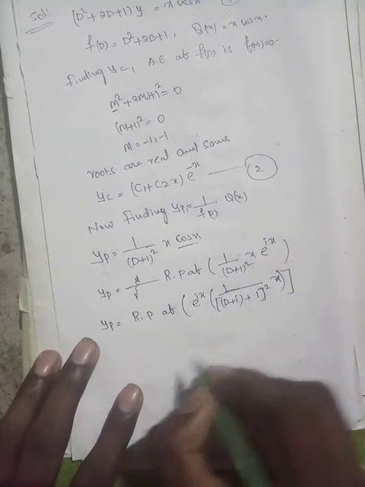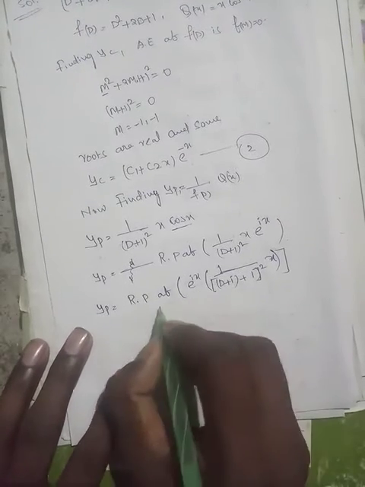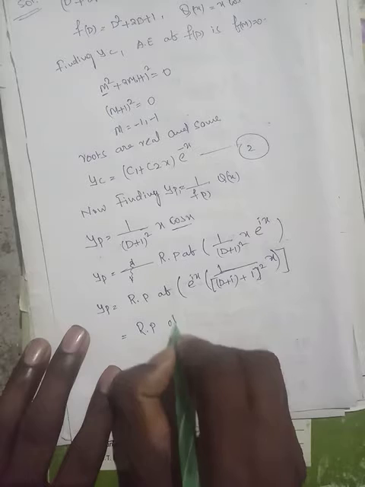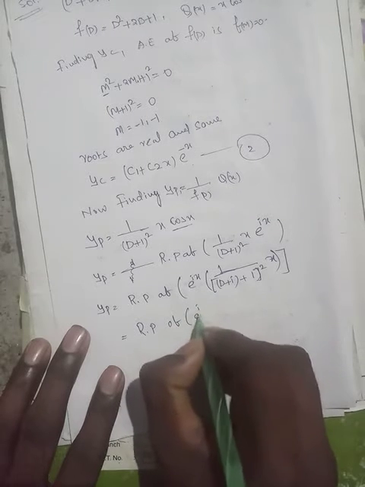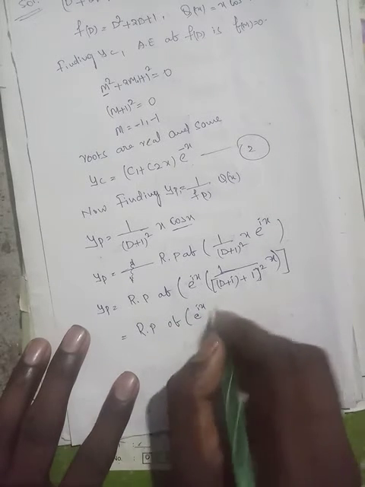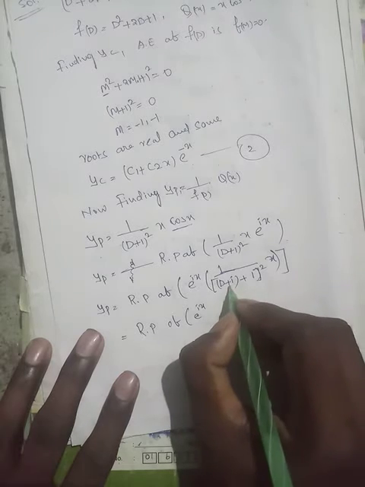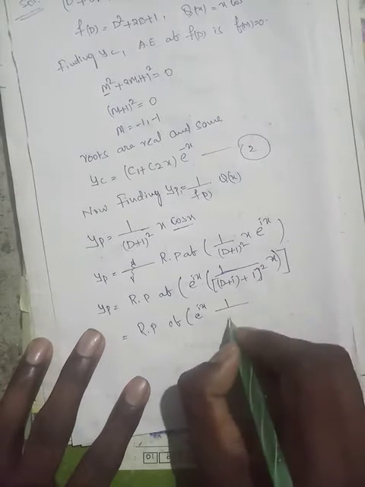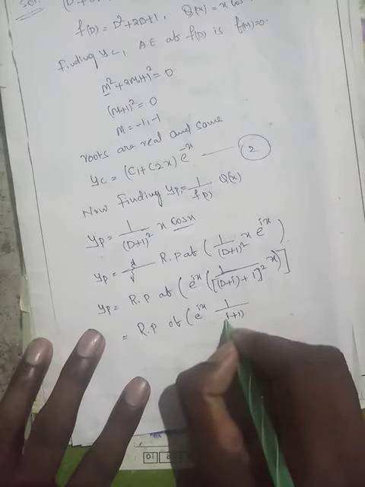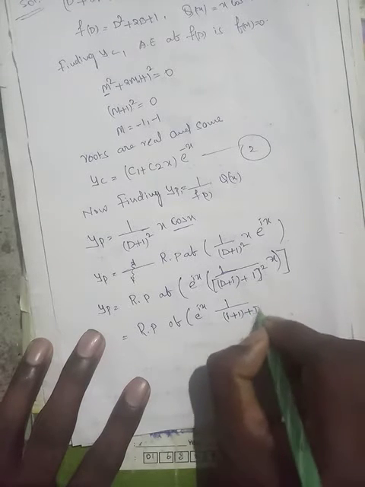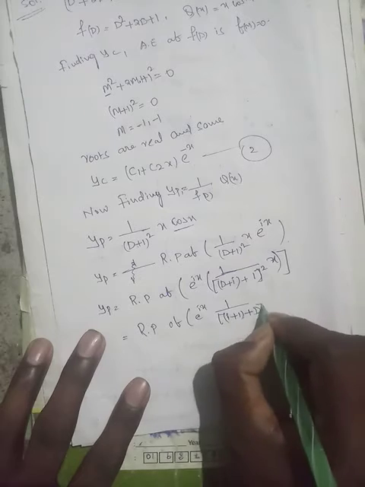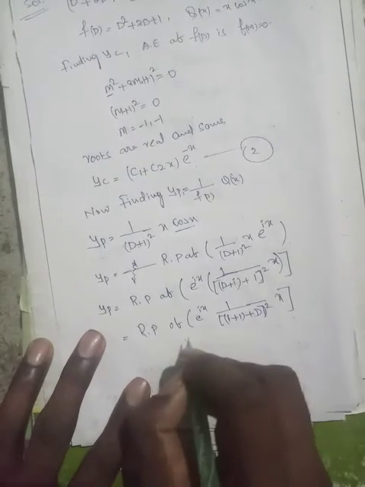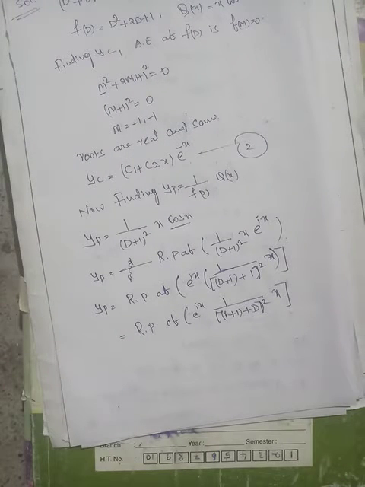Now e power ix, see what I am doing here. I am writing this as 1 by (i plus 1 plus d) whole square into x. Okay.